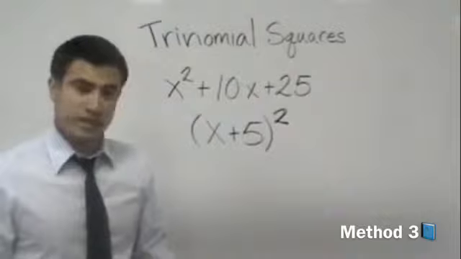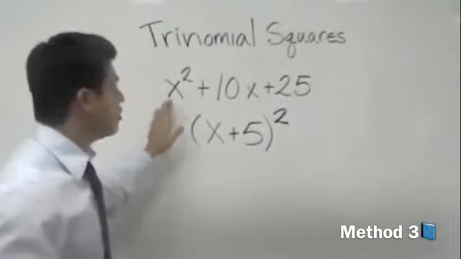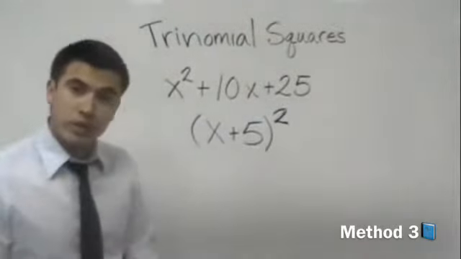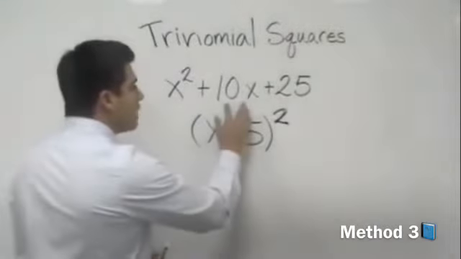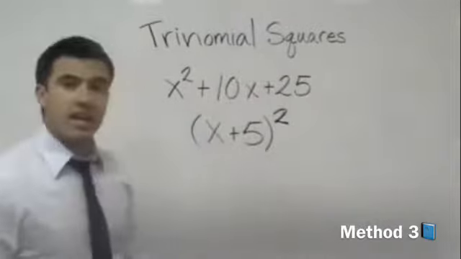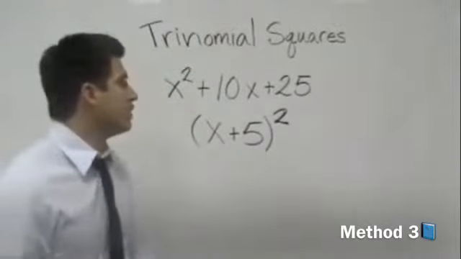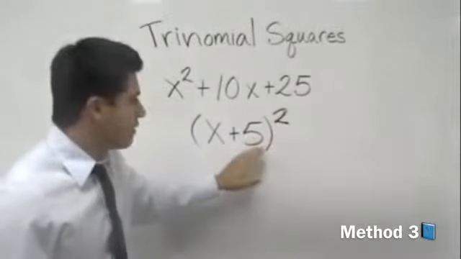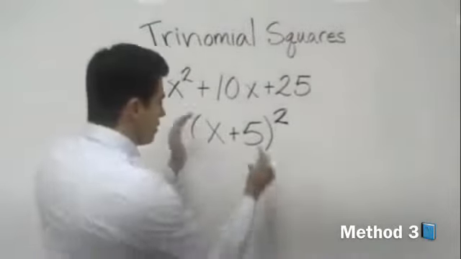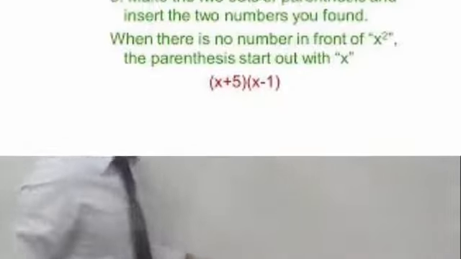They have to be perfect squares. Then you multiply those square roots together, and then multiply it by 2. And if that gives you the number in the middle, then it's a trinomial square, meaning you can just put the square root of that right here, the square root of 25 right here, and put the quantity of that squared.